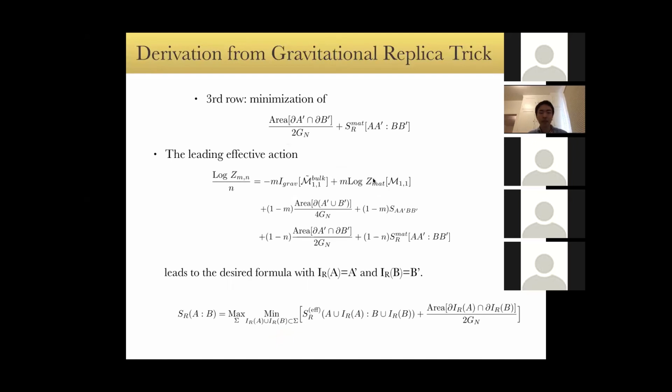So in the end, the 3 extremizations give A prime as the IRA and B prime as the IRB, resulting in the reflected entropy formula which we proposed. So this is the derivation in terms of gravitational replica, a generalization of the replica wormhole argument to this reflected entropy.